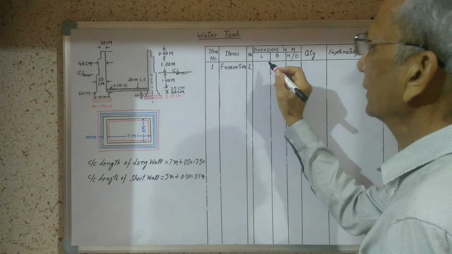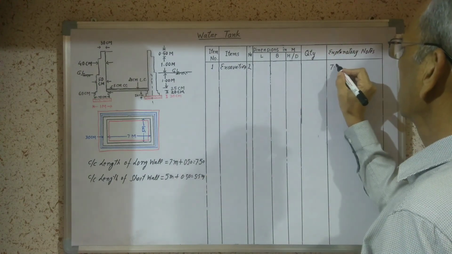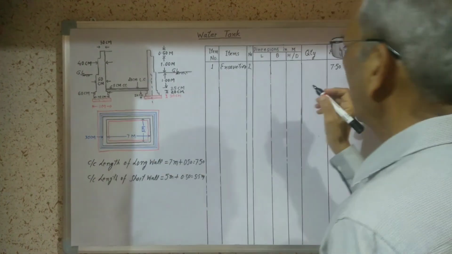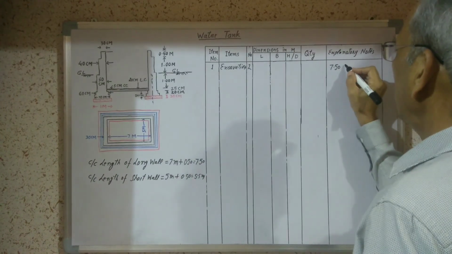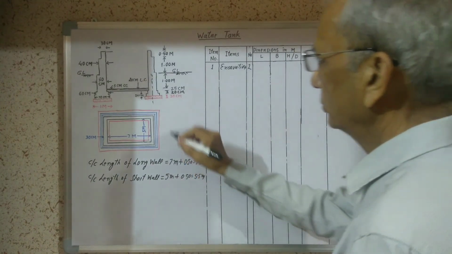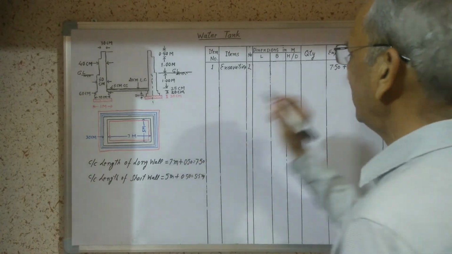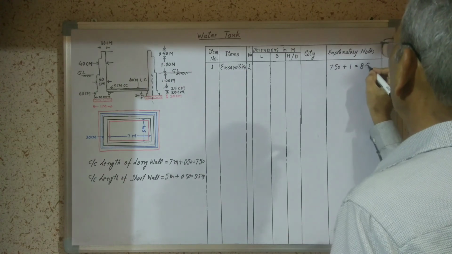Now length we will calculate. First 7.5 plus 2 corners, half width this side, half width this side, total 0.5 this side, 0.5 that side. It will be 1 meter. Total it will be 8.5.